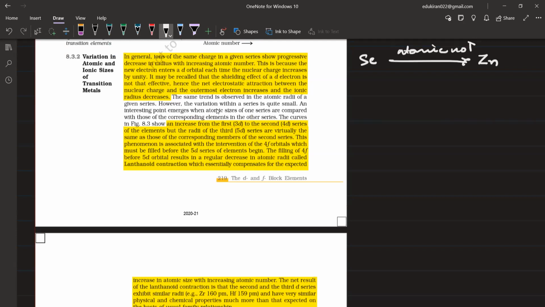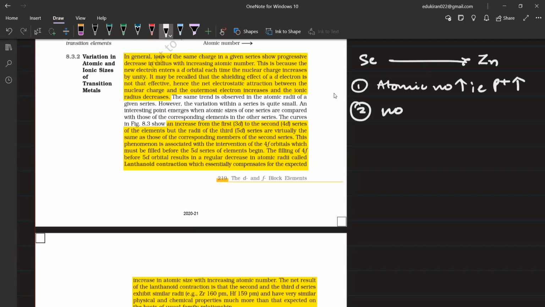Number 1, atomic number increases, that is the proton charge will increase. Correct है guys? Yes or no, please tell me. Yes, sir. Second thing that is increasing is the number of electrons in the d subshell. ठीक है, number of electrons in d subshell increases.